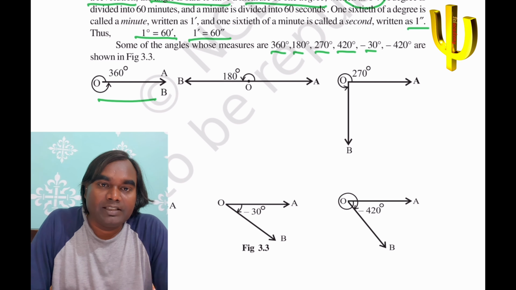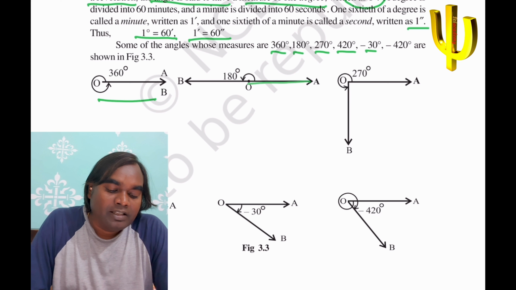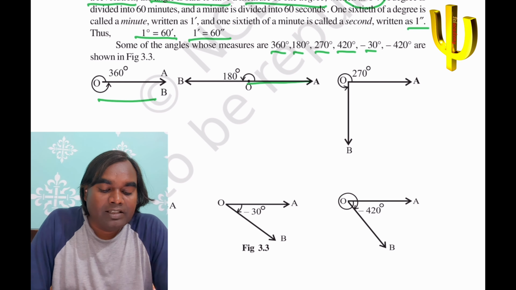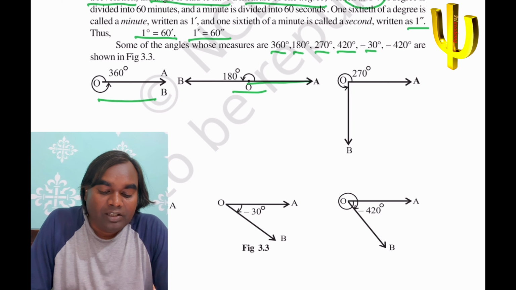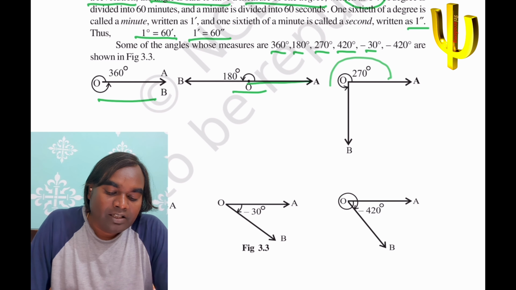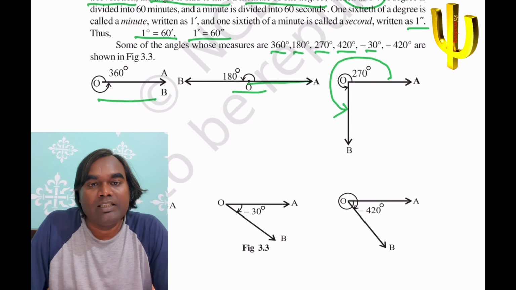When we rotate the initial side to its opposite direction, it makes an angle of 180 degrees. Similarly, when we rotate it to this position, it makes an angle of 270 degrees.